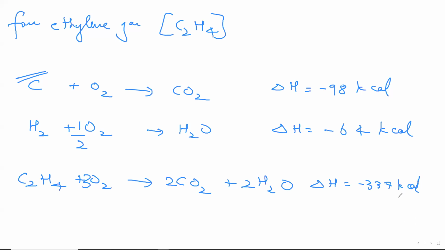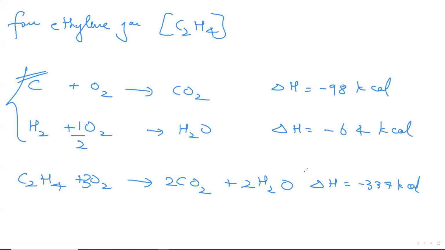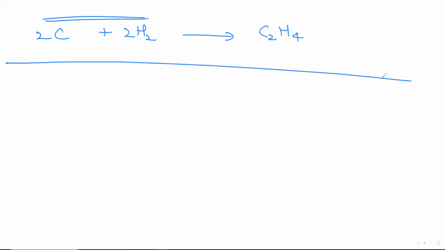Now, obviously, I will retain equation 1, equation 2. Why? Because C and H2 both of them were on the left hand side. I will reverse the last equation. When you reverse it, the delta H becomes a plus. Simple. Now what we will do here is first equation, I'll copy that only.